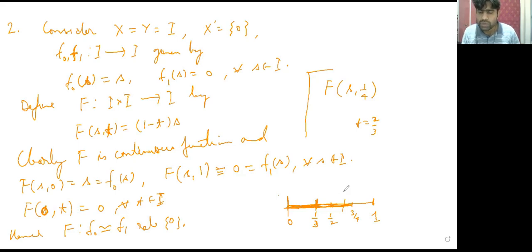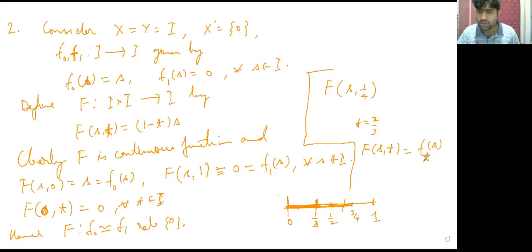So if you keep on increasing the value of t, the ranges of consecutive maps get smaller. If we write f_s(t) as f_t(s), then when t equal to 0, its range is the whole interval 0, 1.